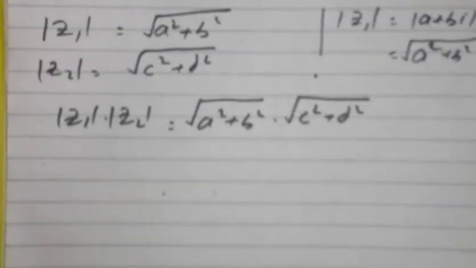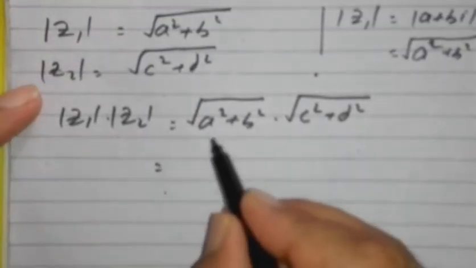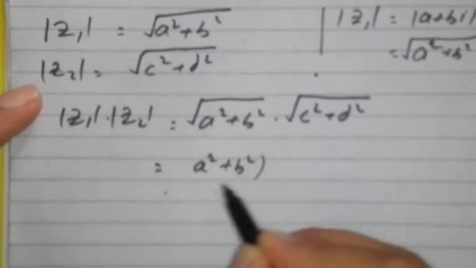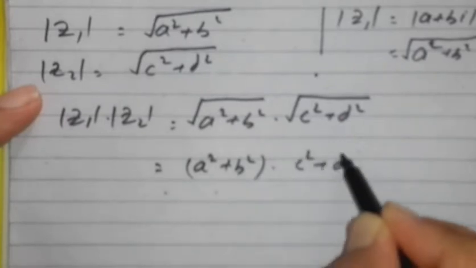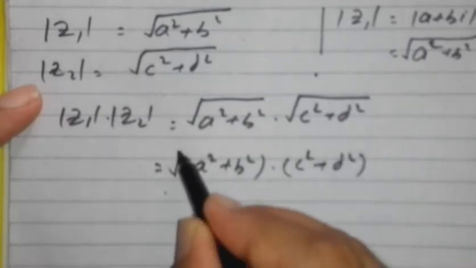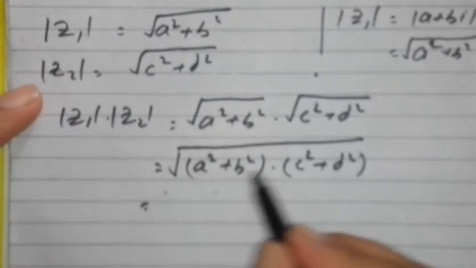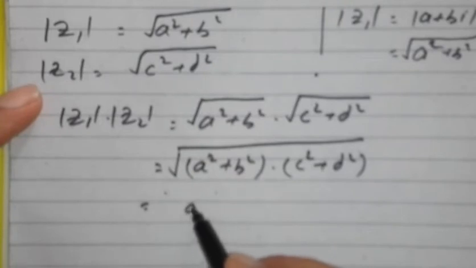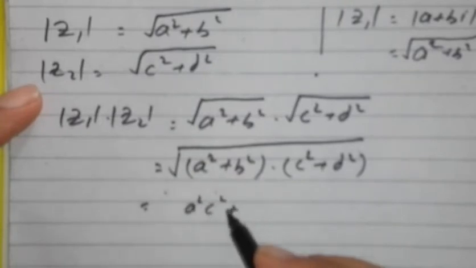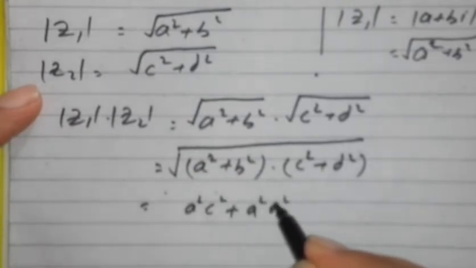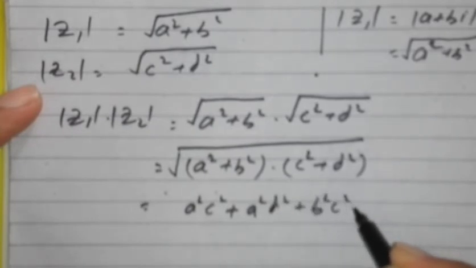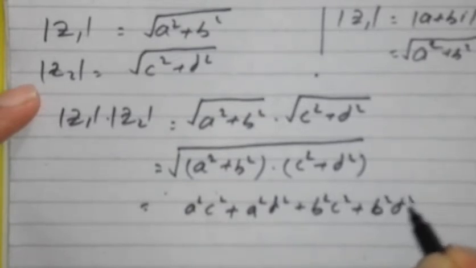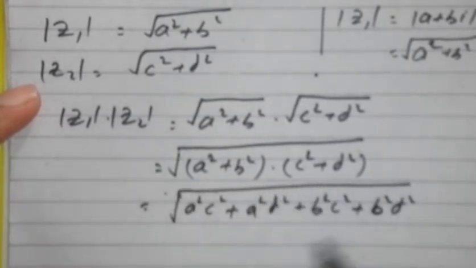Now multiply these two, so we can write it as a square plus b square into c square plus d square whole under the root. Now a square into c square, so a square c square plus a square d square plus b square c square plus b square d square whole under the root.